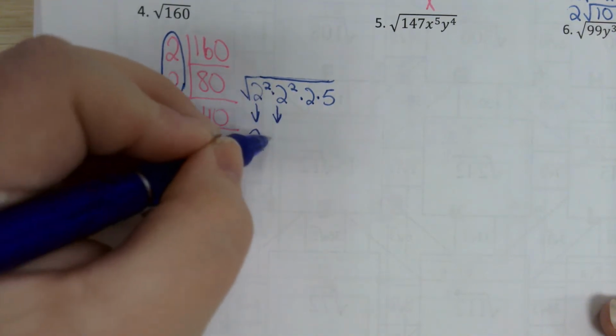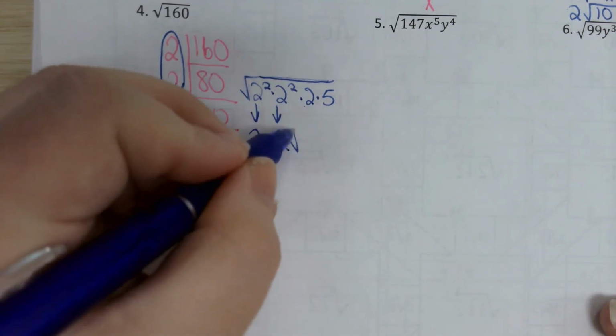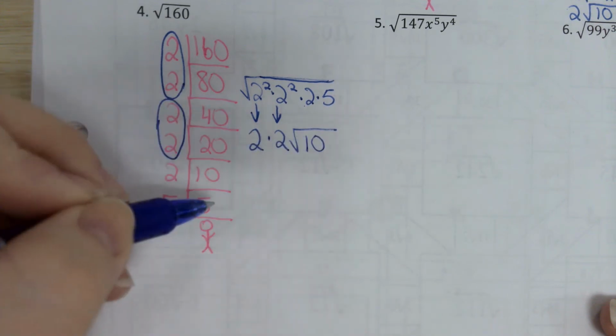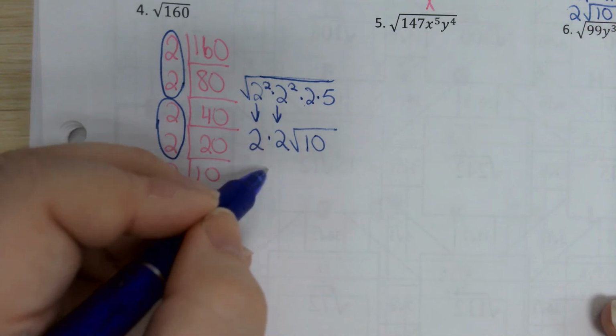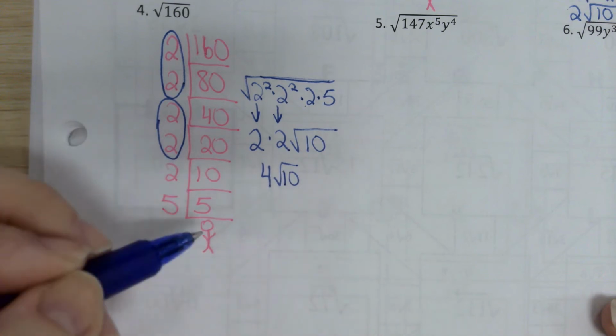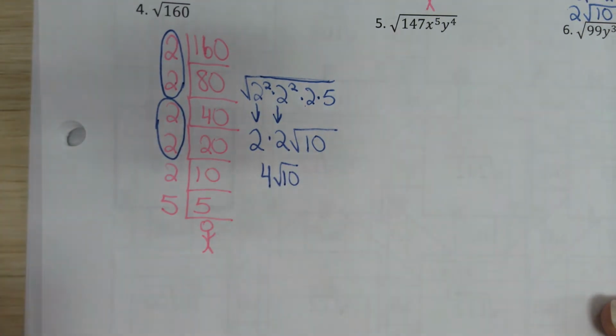The square root of 2 squared is 2. And 2 and 5 have to stay inside. 2 times 5 is 10. 2 times 2 outside of the radical gives me 4. So 4 square roots of 10 is the same thing as the square root of 160.